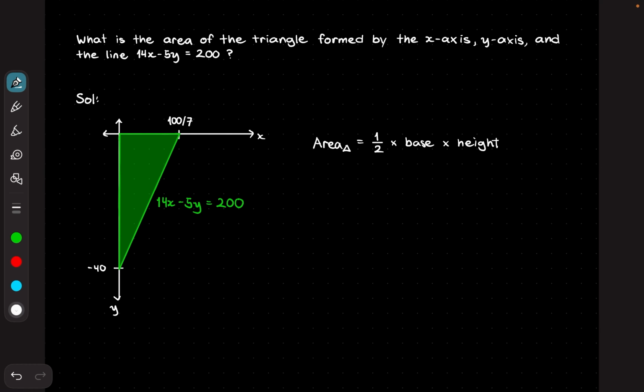In this case, depending on how you look at it, wherever the base is, for right triangles like this, the base and height here are interchangeable, but it represents either this and this.